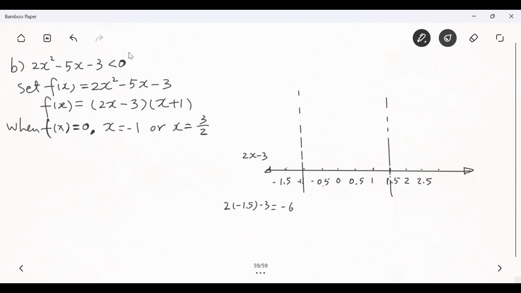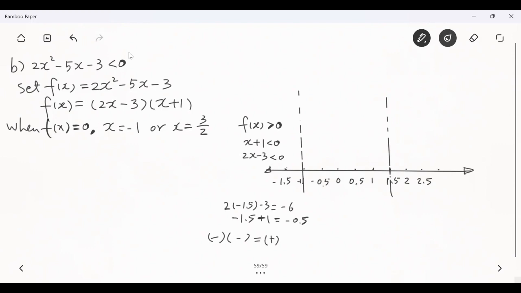Because 1.5 times 2 is 3. And x plus 1, that means negative 1.5 plus 1 is negative 0.5, less than 0. So x plus 1 is less than 0. Then f(x) is more than 0, right? Because negative times negative, so it's positive, right?